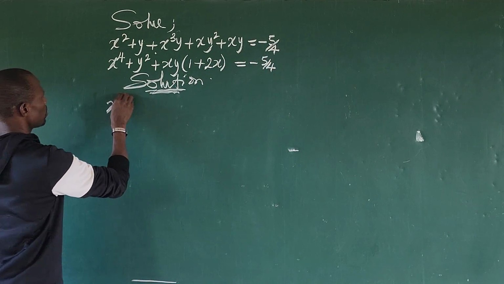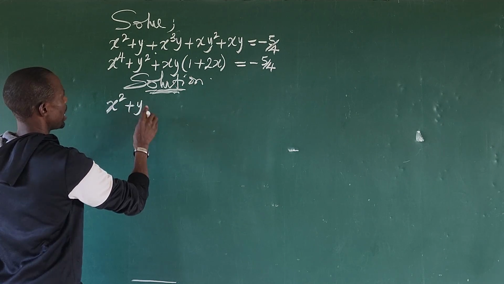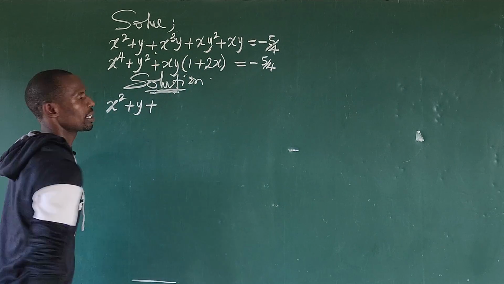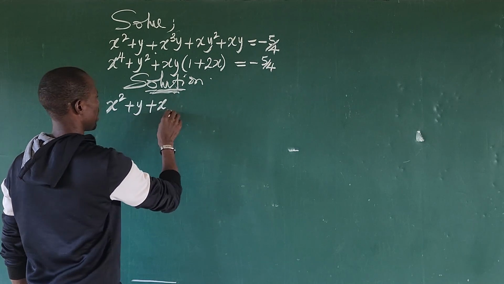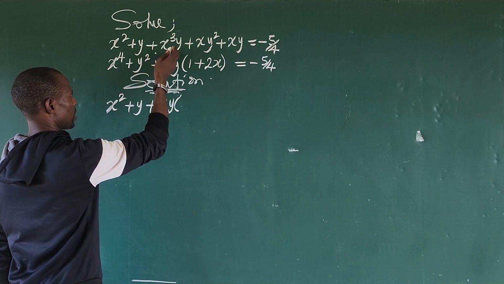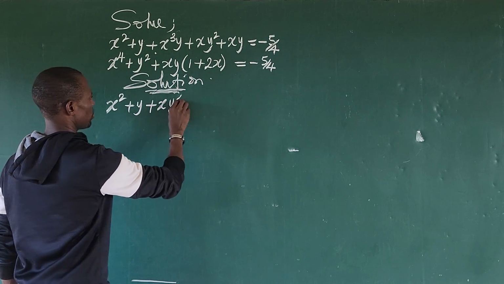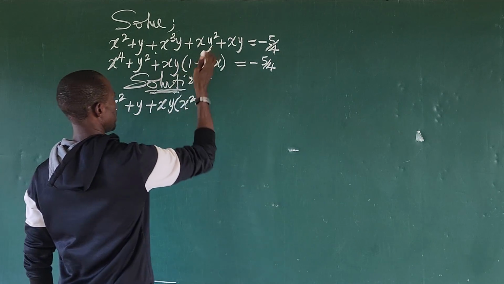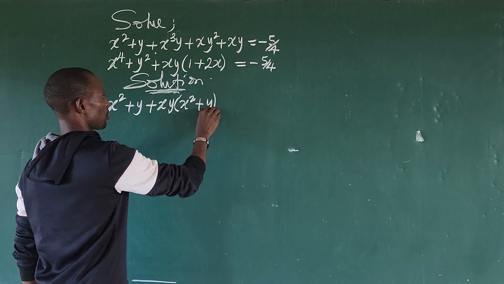We have x to the power of 2 plus y, then plus, here we can factor out xy. If we do that, we're going to have here xy. If we use this to divide this, it gives us x squared plus, and if we use this to divide this, we'll be left with just y.